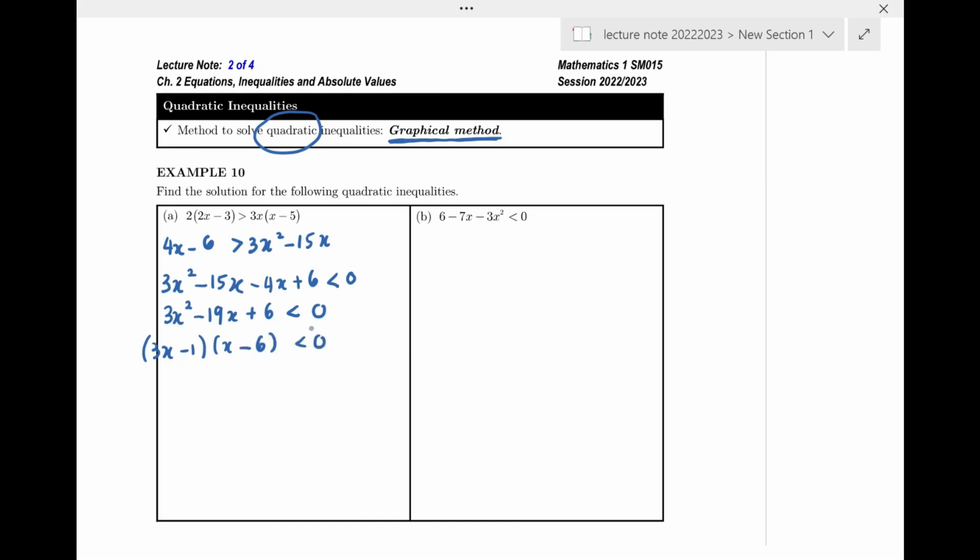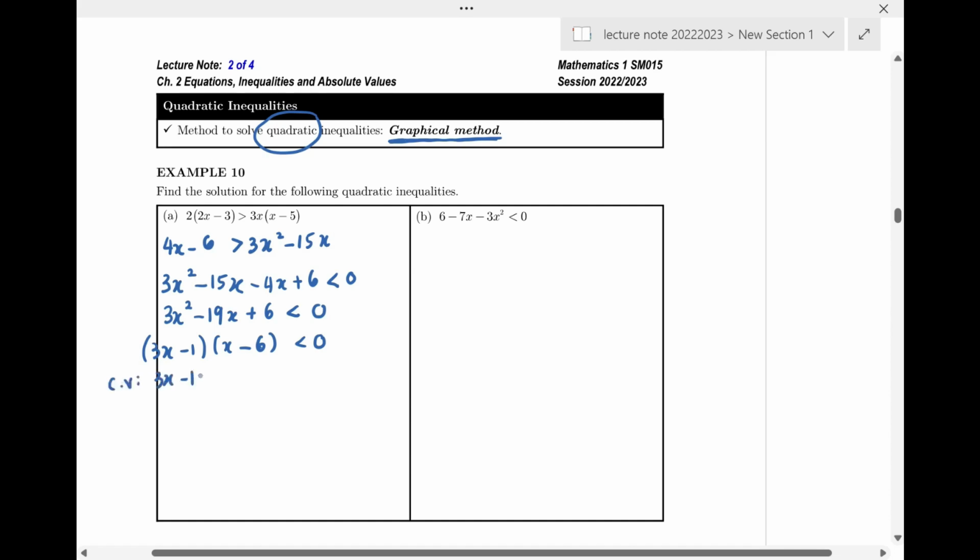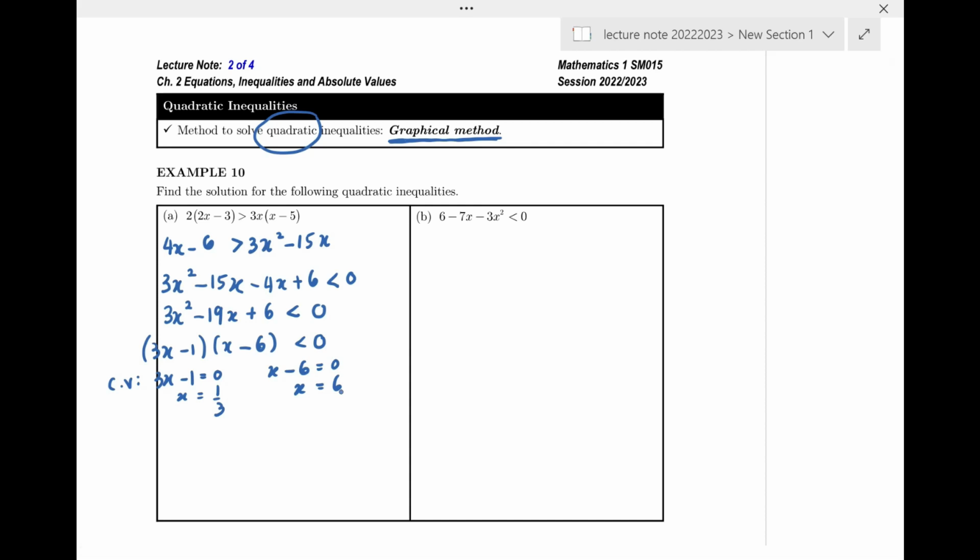From here, we have what we call critical values. 3x minus 1 equals 0, x equals 1 over 3. The second one is x minus 6 equals 0, x equals 6. So these are our critical values or critical numbers.